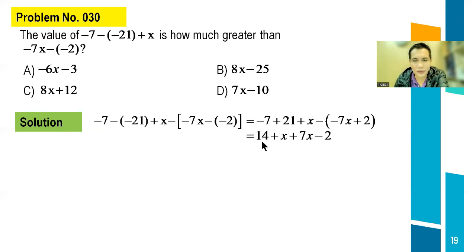So this is equal to negative 7 plus 21 plus x, minus, so we have plus 7x plus 2. Negative 7 plus 21, that's 14, plus x plus 7x plus 2. Combine like terms. 7x plus x, that's 8x. 14 plus 2, that's 16. So the correct answer is letter C.